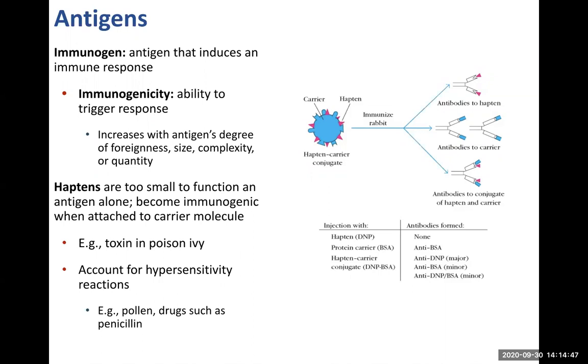So one example of a hapten is poison ivy, right? Poison ivy, and also wasp venom, or even bee venom. The first time you are exposed to these haptens, the first time you're stung by a bee, for example, you do not have an allergic response to it.